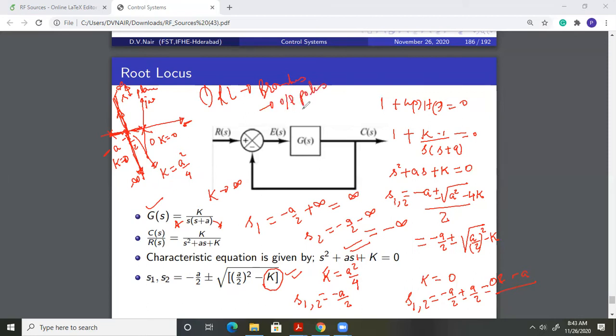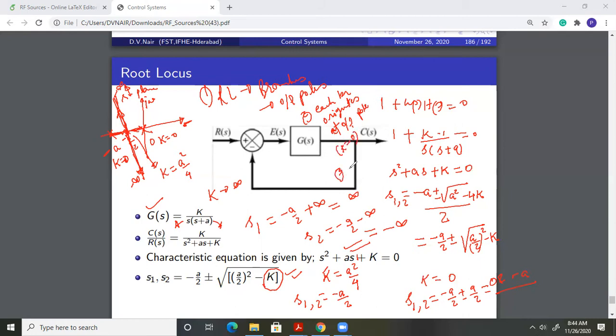And the second point is that each branch originates, or starts, at an open loop pole, where k is equal to 0.